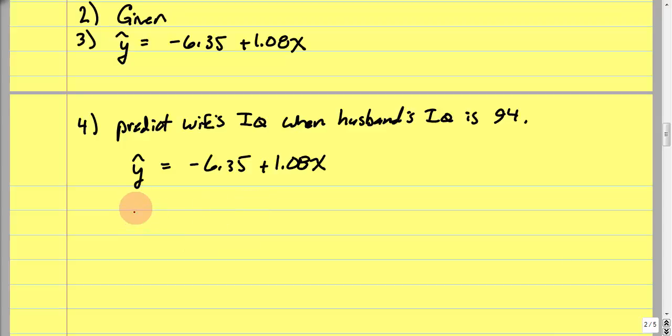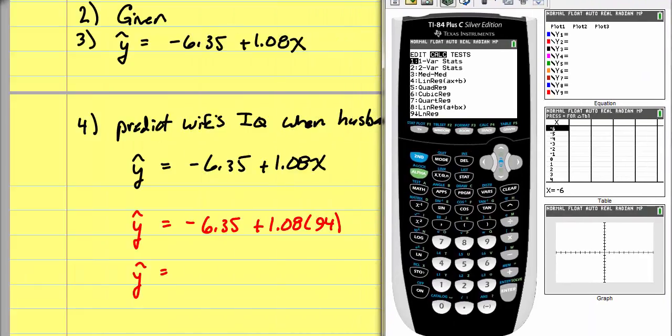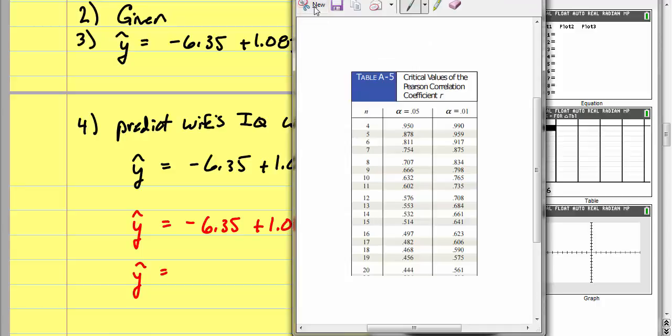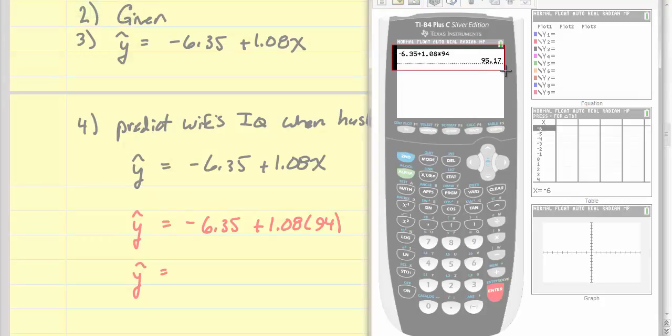So let's go ahead and plug that in. So this is my prediction of the wife's IQ, negative 6.35 plus 1.08 times 94. Okay, so let's go ahead and plug this into our calculators and see what we can come up with. So negative 6.35 plus 1.08 times 94. So we have our prediction here of 95.17. So let's snip that in.